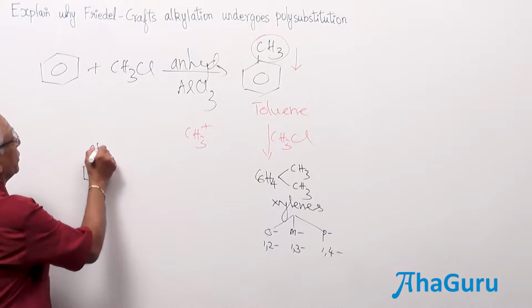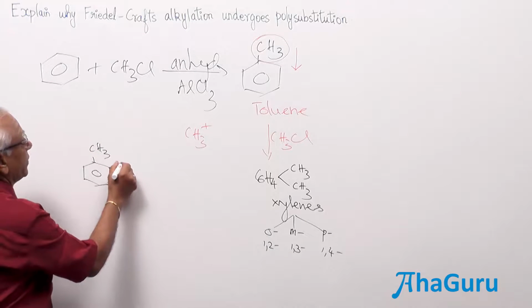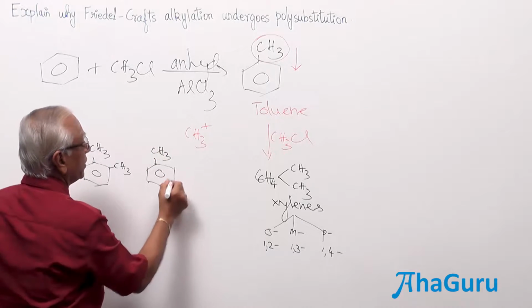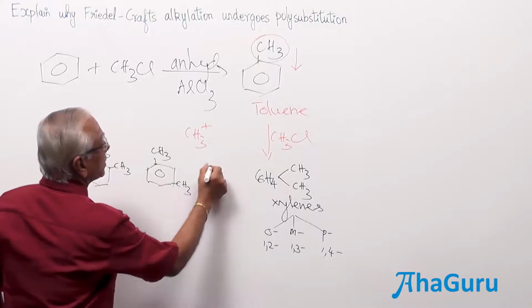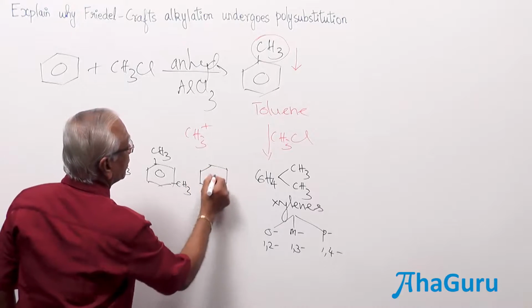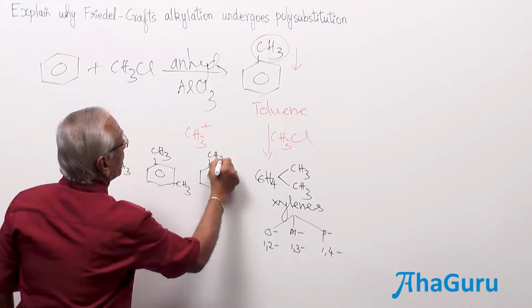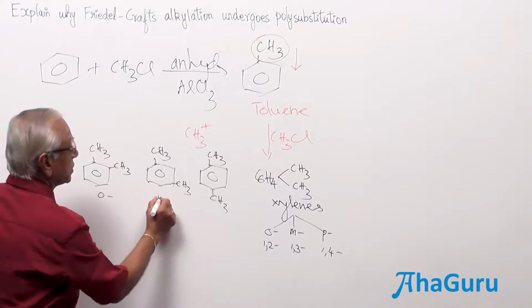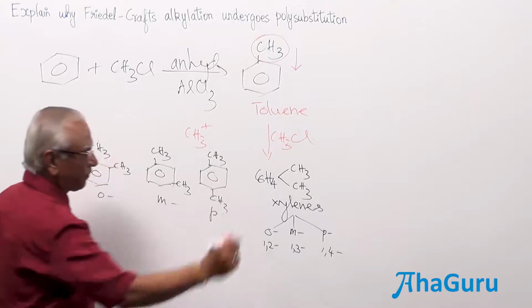If you write a methyl group on the adjacent carbon atom, this is called ortho. If you write it in the 1,3 position, this is called meta. And in the case of 1,4, this is called para.